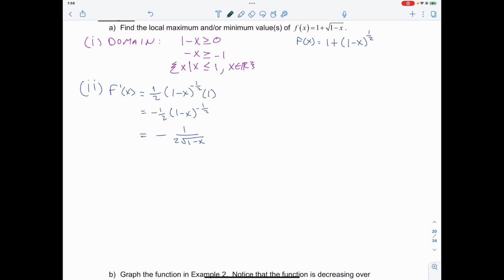For the critical numbers, if 2 and the square root of 1 minus x is equal to 0, then when I solve it, x is equal to 1. And this, fitting into the domain, is when x has to be less than or equal to 1, which does fit into that domain.